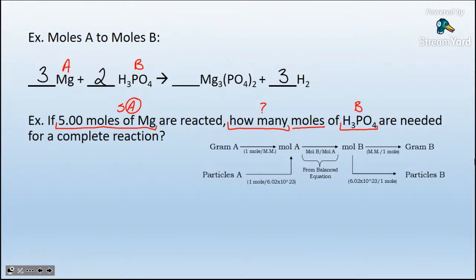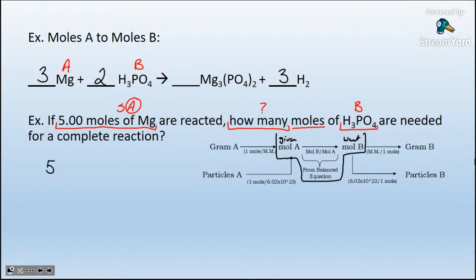So if we're thinking about this in terms of given versus wanted, we're given moles of A and we want moles of B. So this is the only portion of the mole roadmap that we actually are interested in for this problem. So all we need is that balanced equation.